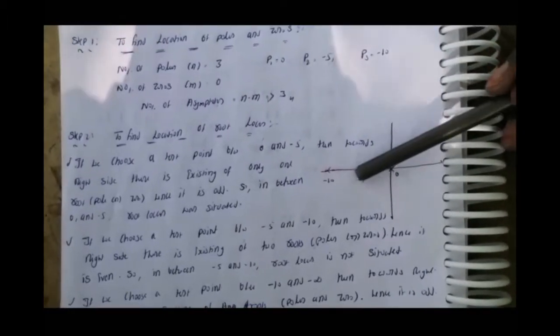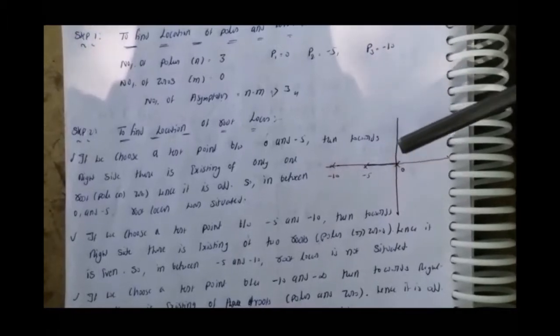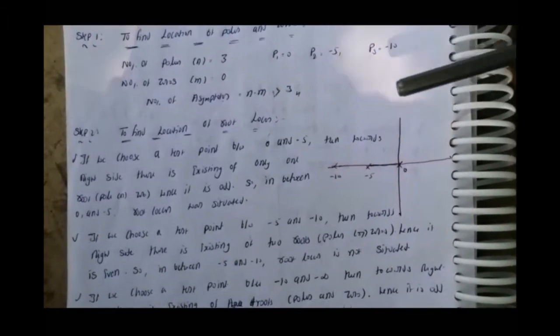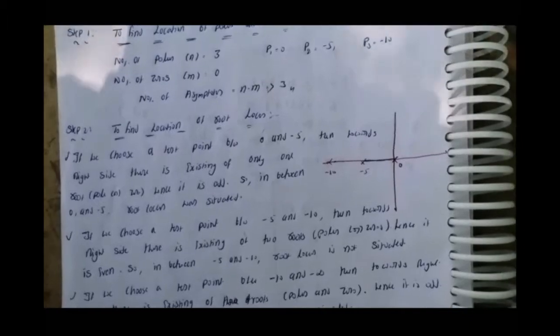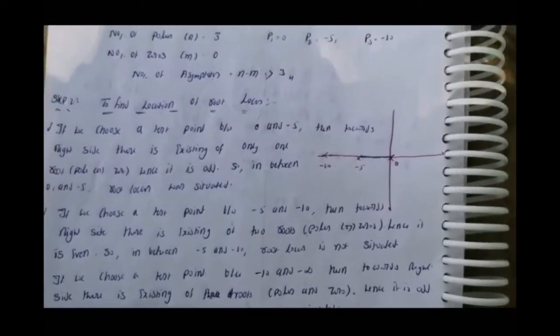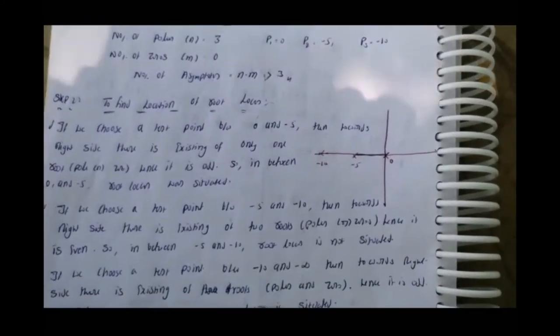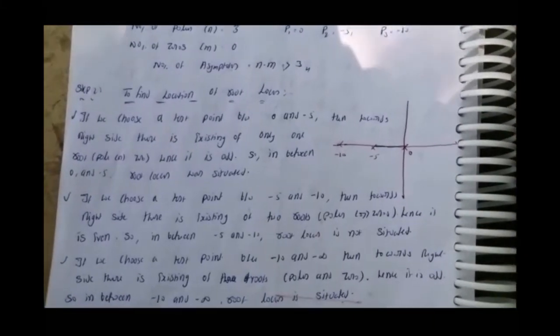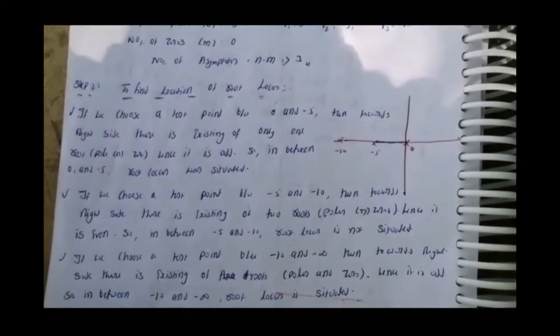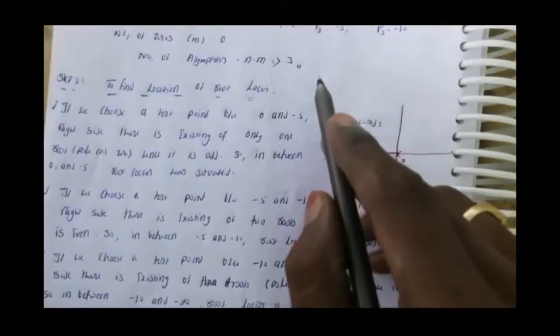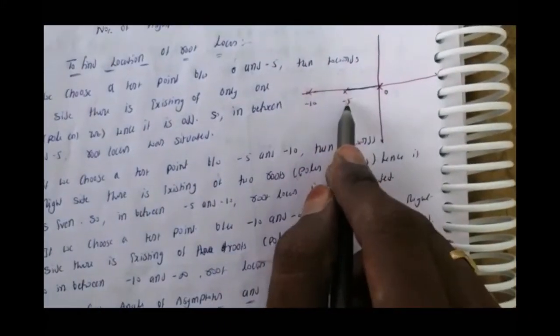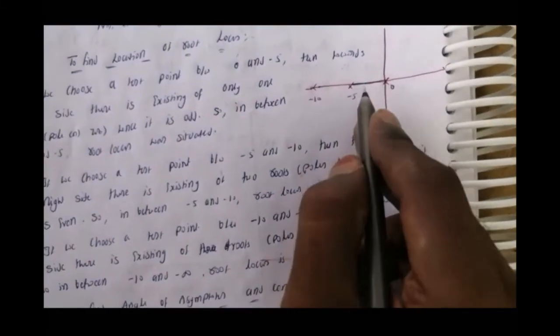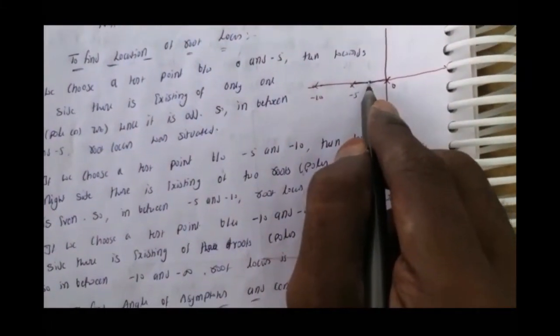It depends on the number of poles or zeros lying ahead of the test point. First, if we choose the test point between 0 and minus 5, then towards the right side there exists only one root, it may be a pole or zero, hence it is odd. So here I am representing the test point.